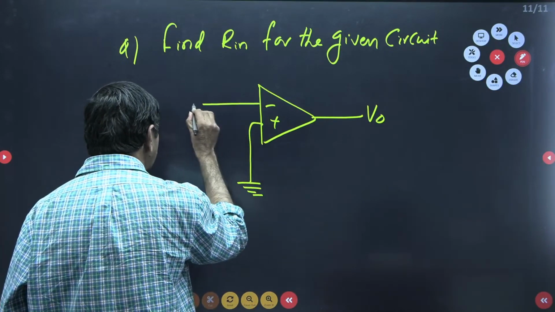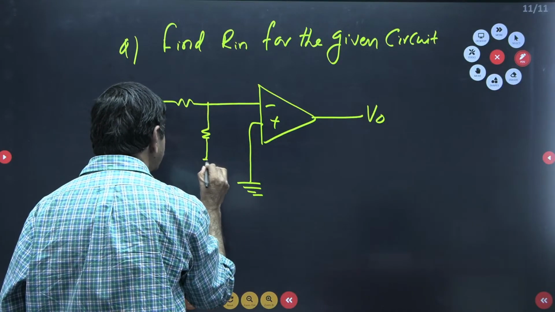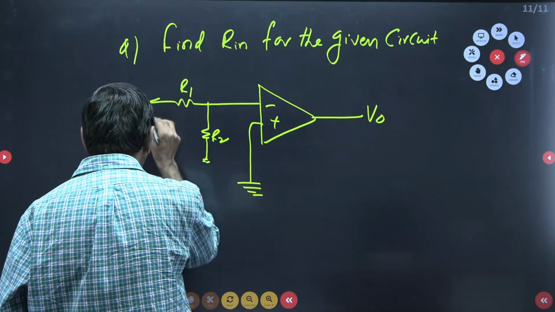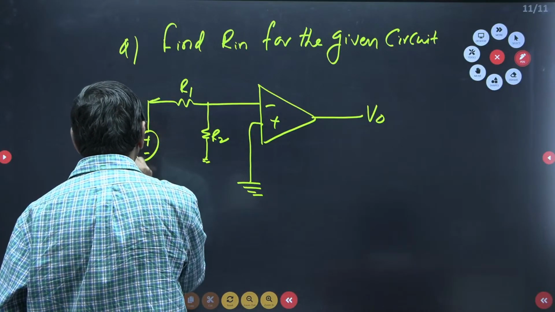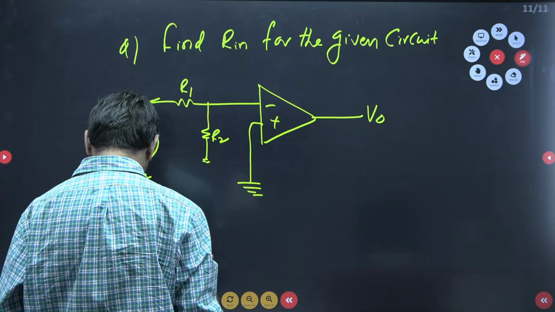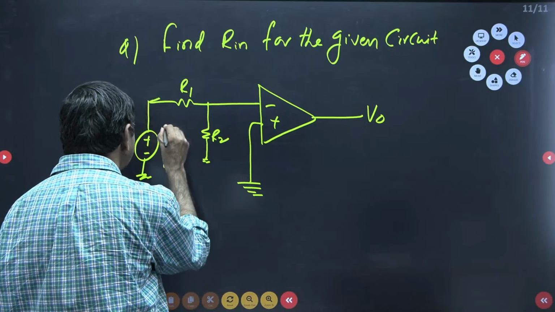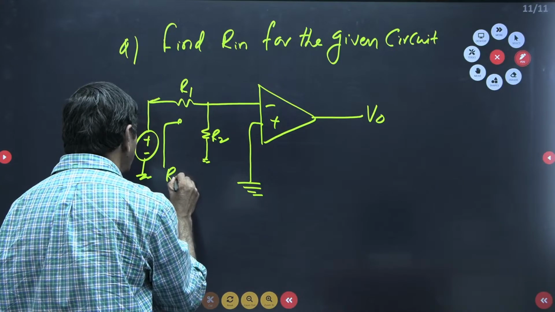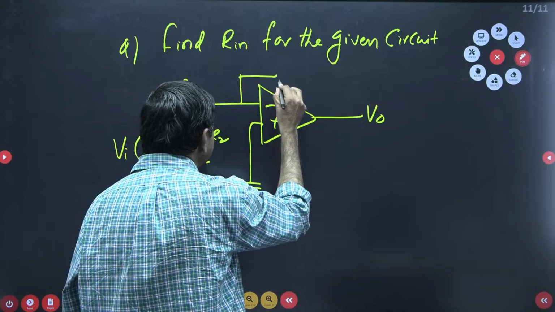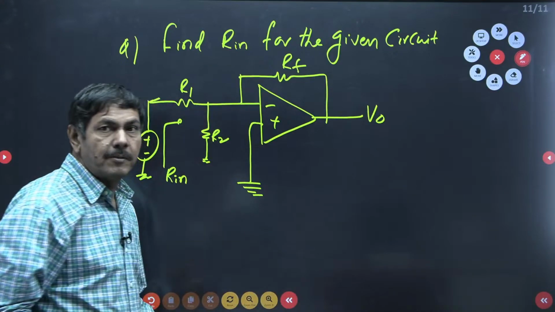Here it is connected with a resistor, and one more resistor this side. This is R2, this is R1 here. Here it is connected with Vi. And this is the given problem. The direction is given like this. Now find Rin in this direction, when the view is made from this side. There is one resistance, this is RF. That is the given problem.